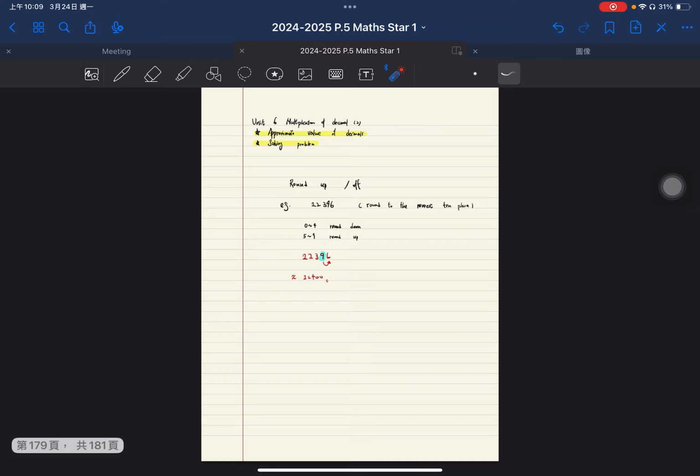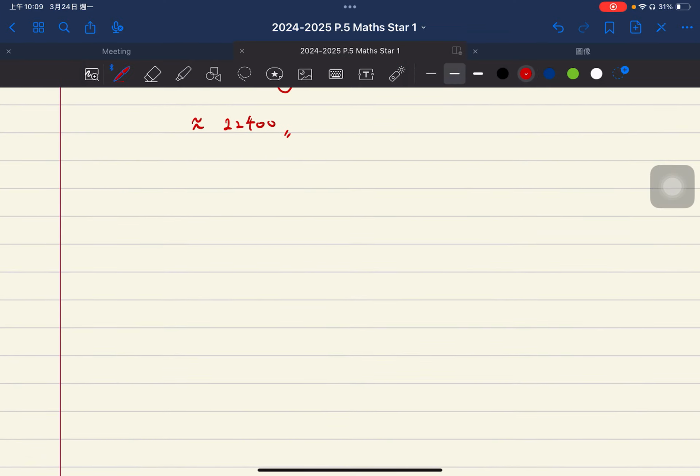At the same time, there is another description called decimal place.